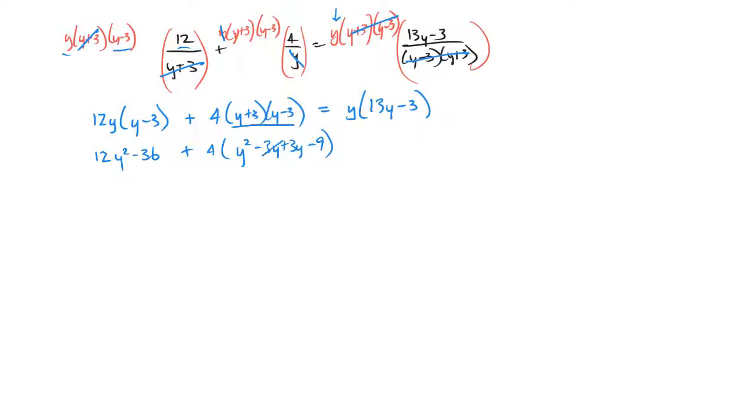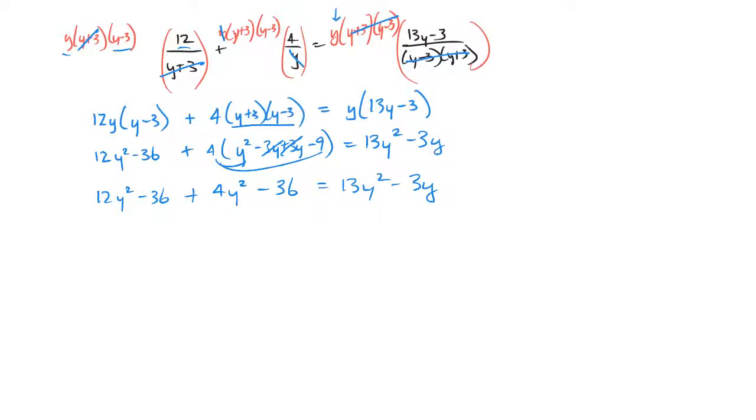These will cancel. Is equal to 13y squared minus 3y. Now I'll just leave everything as is, and I'll multiply the 4 through. So 4y squared minus 36 equals 13y squared minus 3y.